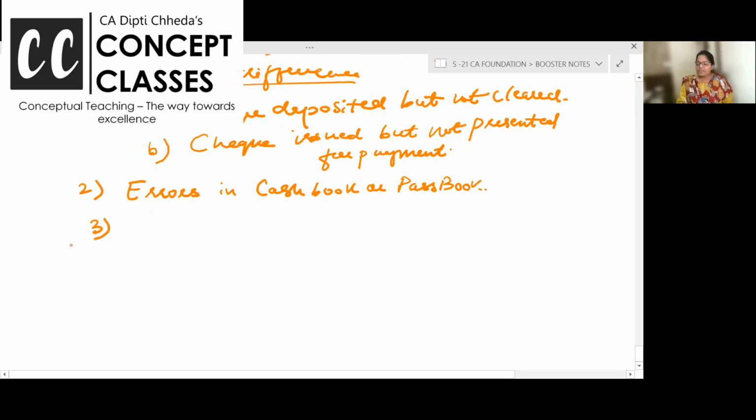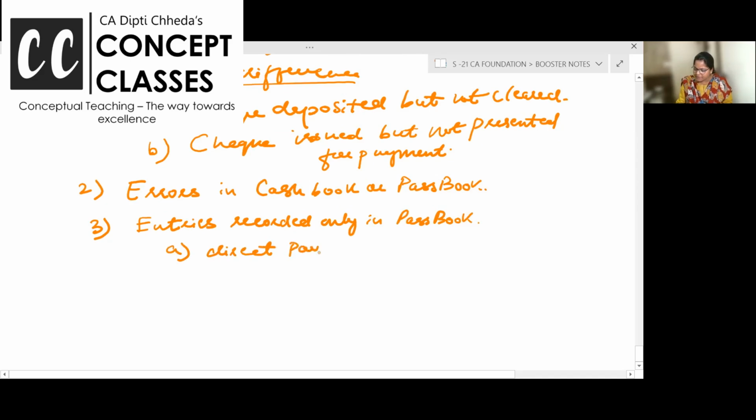And the very third reason is entries recorded only in passbook. Some entries are directly recorded only in the passbook, right?